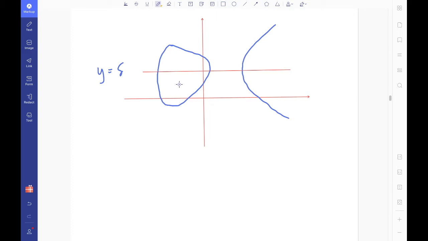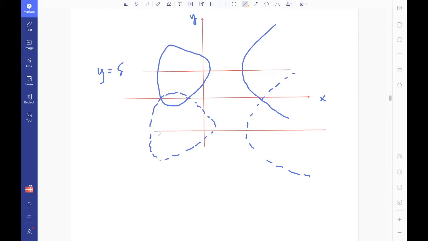So the first thing I could do is reflect it in the x-axis. If I reflect this in the x-axis, I'm going to get something that looks like this. It will come down here, and comes up like that. Now this line here is going to be the line y equals negative delta.